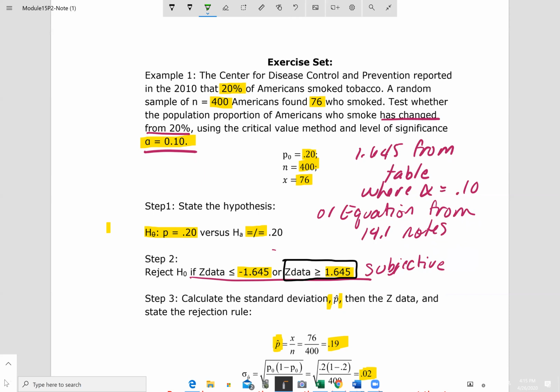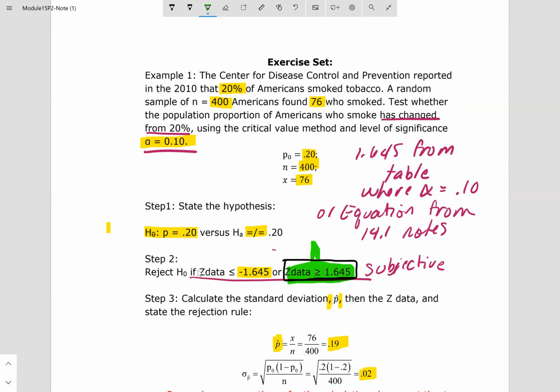It wants us to see if it has changed using the critical value method and level of significance, so we will have to use the table. When you go back up to the table, if you look under alpha at 0.10, and I'll highlight it in green down here, the Z number was 1.645. Since we are just trying to decide that it is not the same as 20%, not trying to say it's smaller or bigger, we're going to do the two-tailed test.